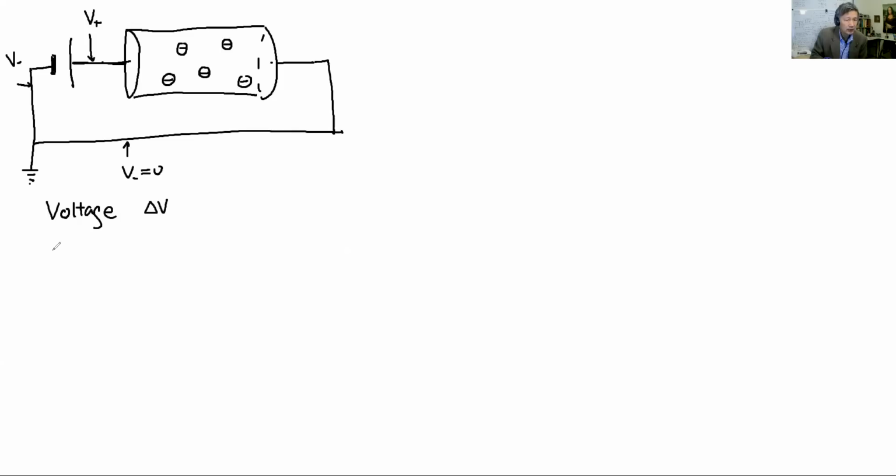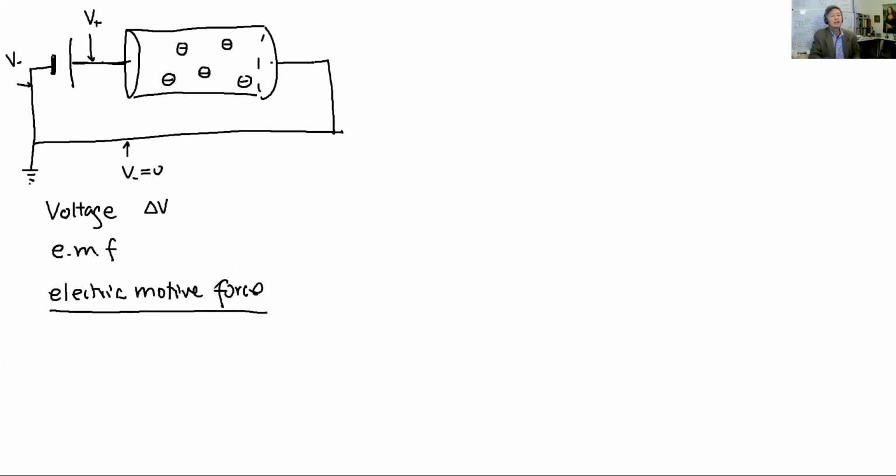That's called the EMF, the electrical motive force. Of course, this is just a fancy name. It just says charge will be moved. It's in the battery, because there's a potential difference.